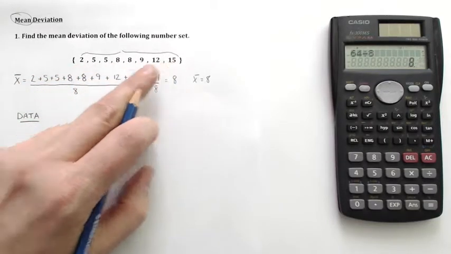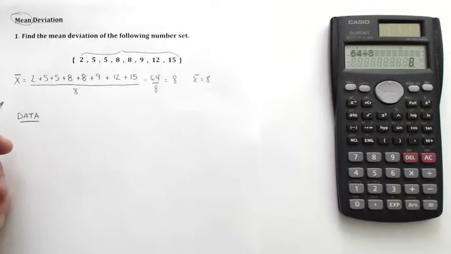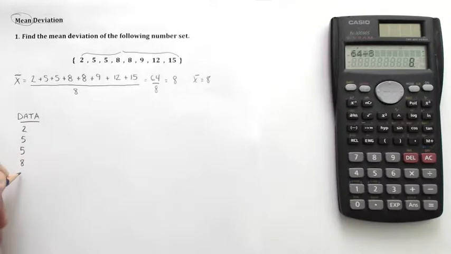There are 8 of them here. I'm going to write them all down in sequence, in order from smallest to largest. So bear with me for a second. 2, followed by a 5, followed by another 5, followed by an 8, followed by another 8, a 9, a 12, and a 15.